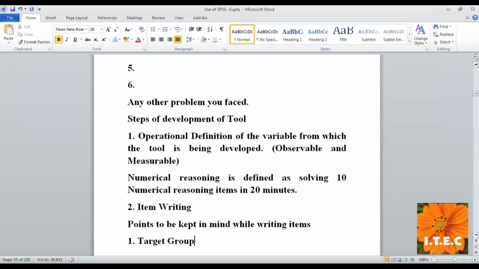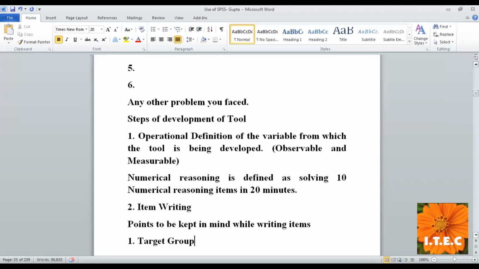Are you going to develop the tool for educated people or uneducated people? Are you going to develop that tool for children or for adults or for adolescents? So you should know whether your target group is educated or uneducated.